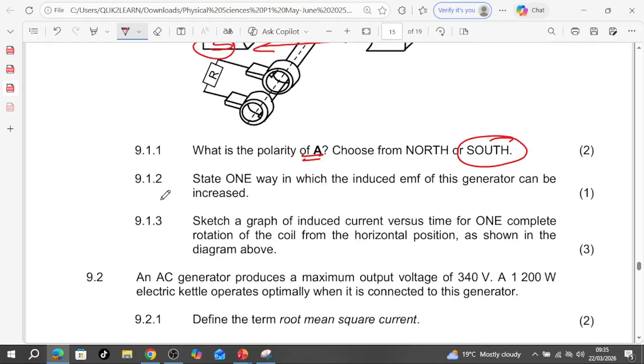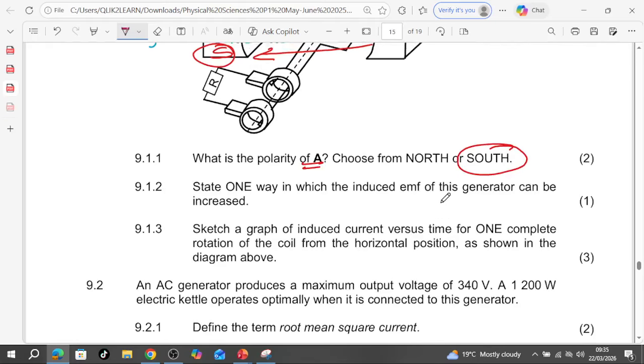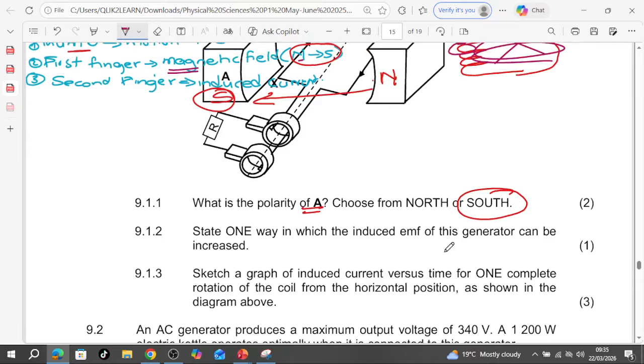I'm very sorry. State one way in which the induced EMF of this generator can be increased. There's only one way to increase the induced EMF.